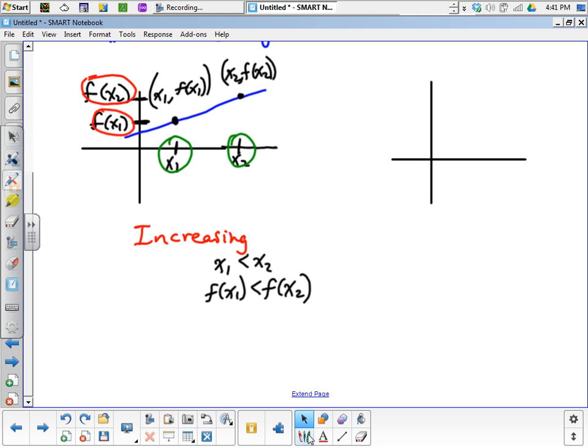Decreasing function means the graph is going down as you go to the right. Remember? Let's make our colors consistent. So it's going down as you go to the right. So if you pick any 2 points, let's say this one, this is x1, f of x1.